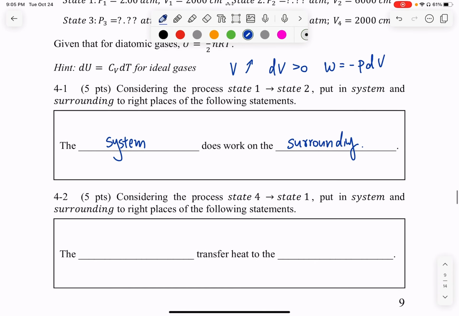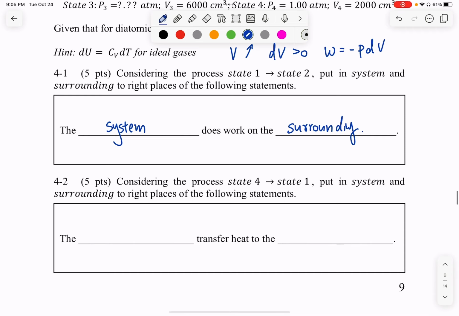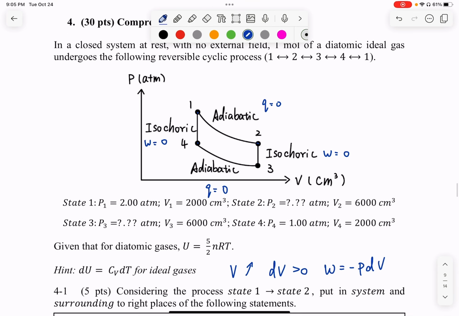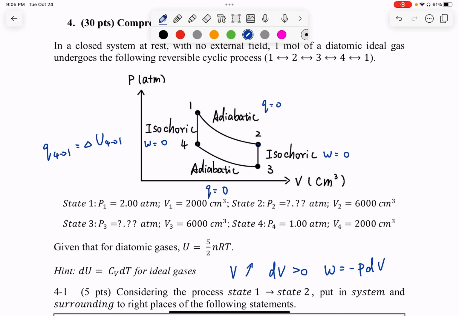Right. And let's consider process 4 to 1. For process 4 to 1, it is asking about the heat transfer between the system and surroundings. Between 4 and 1, we have work equals 0, so our heat of 4 to 1 essentially equals delta U from 4 to 1. Now, how does our internal energy change?